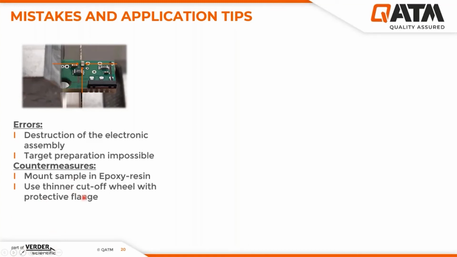To prevent this from happening, we could have mounted the sample in epoxy resin previous to sectioning, or we could use a thinner cutoff wheel with a protective flange that stabilizes it against runouts, to which such very thin diamond cutoff wheels with thicknesses of 0.3 millimeters, excuse me, are quite prone.